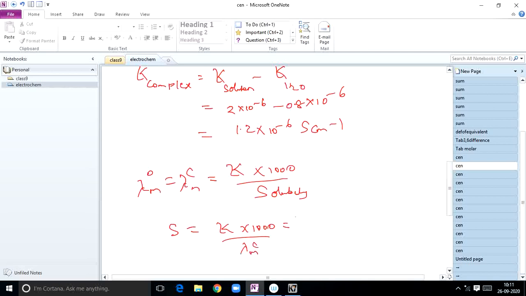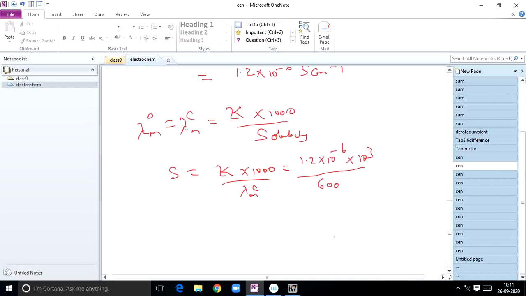Kappa of complex into 10 cube by lambda mc, where lambda mc is 600. Solve this and finally you will get the solubility. A very important model, especially for IIT students: 10 power minus 6 mole per liter.